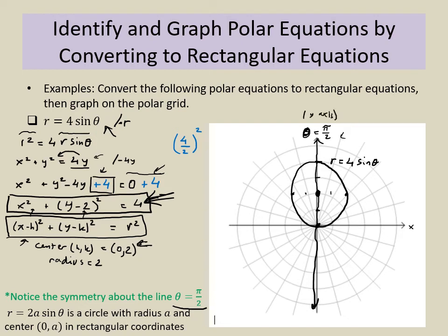This circle is symmetrical about the y-axis if we're talking about rectangular coordinates. This is going to come in handy later. So 4 sine of theta is symmetrical about the y-axis. And just so you know, the general equation of a circle in polar coordinates in that format, let me erase this for now.